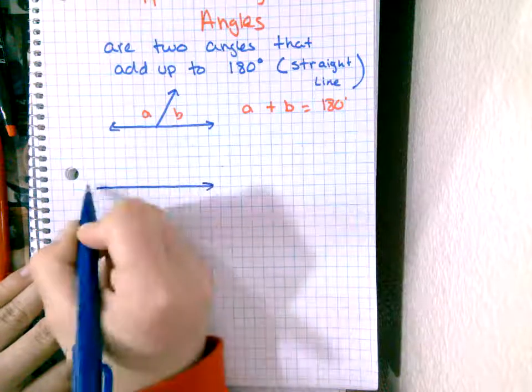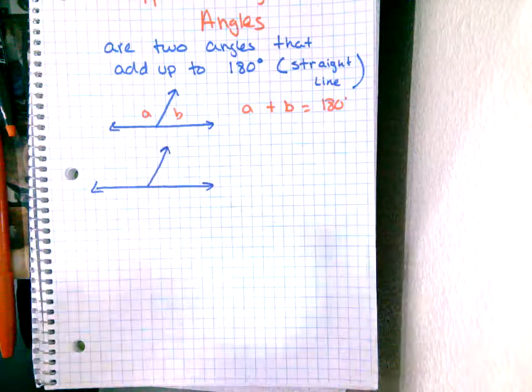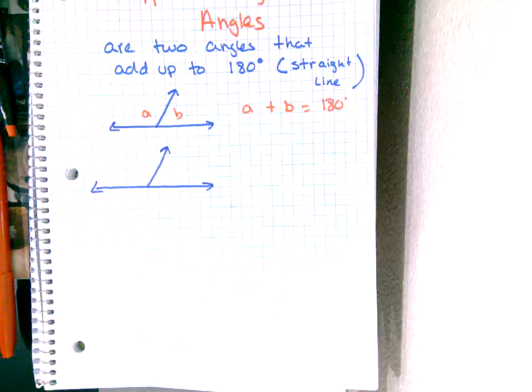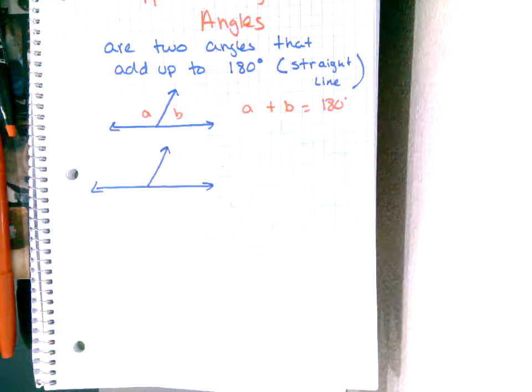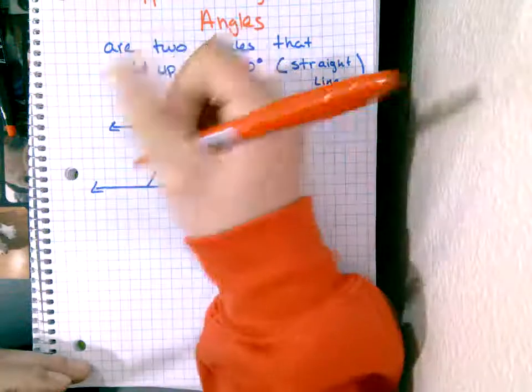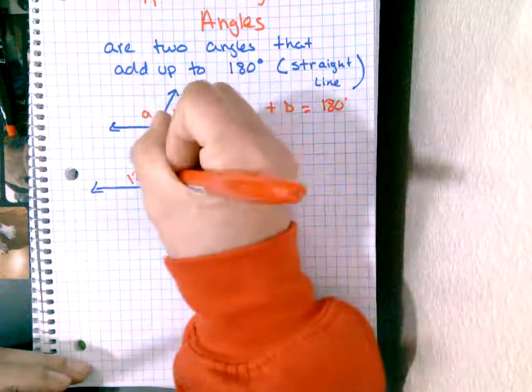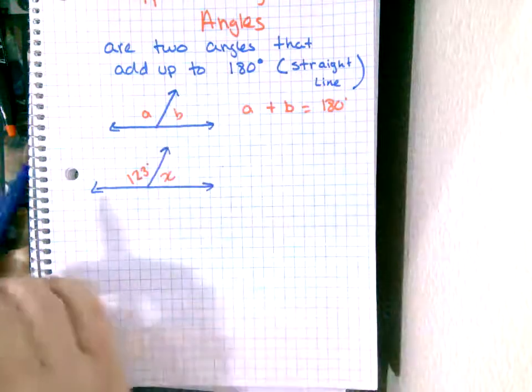The first part is super easy. Every single person in this class can do this first set of problems, the level 1. Let's say I have this angle that measures 123 degrees, and this angle is a mysterious X that I don't know.